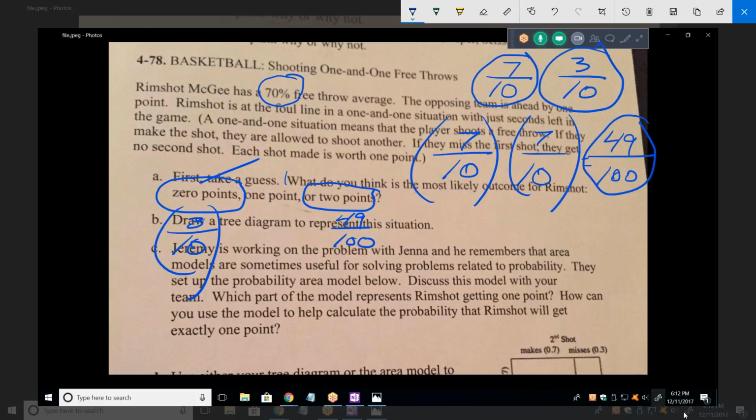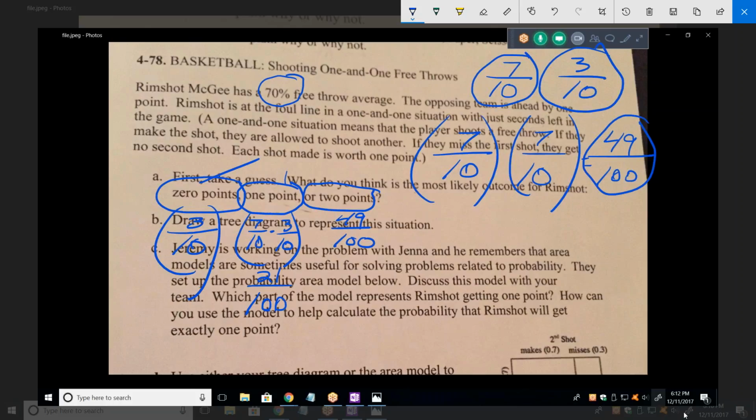Now, what are the odds that she gets exactly 1 point? Well, the only way she could get 1 point is to make the first one and miss the second one. That's the only way you can get 1 point. What is that probability? 21 over 100.